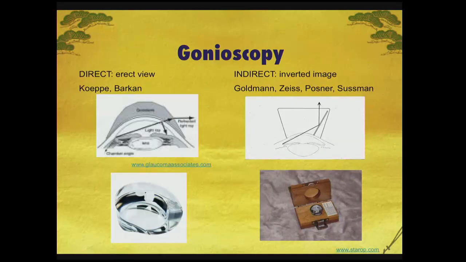The direct view is with a Koeppe or a Barkan lens, and this gives you an erect view. So basically you're seeing directly the angle that you are putting the light on. With the indirect, you get an inverted image, and you'll look at the superior mirror, but you're actually seeing the inferior angle.